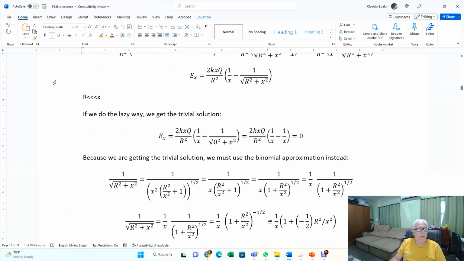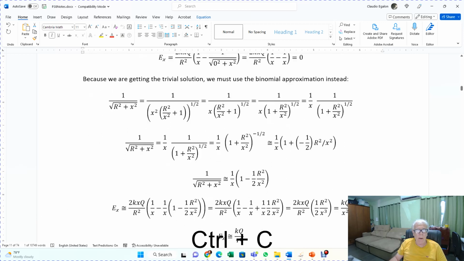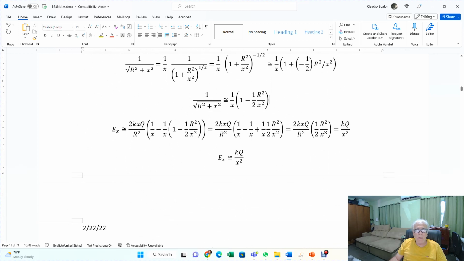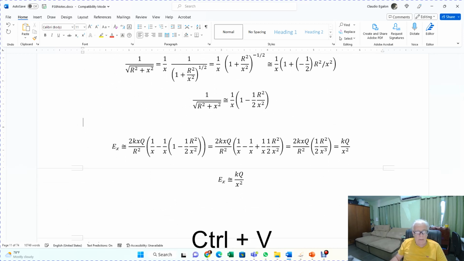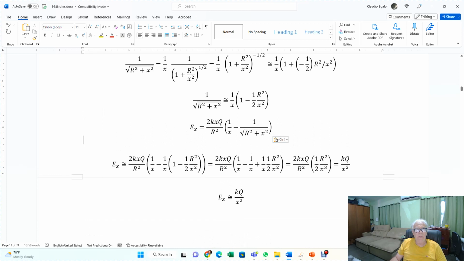Here you go. Here's my electric field. I'm going to write it down. Here you go, the exact solution of my electric field. Apply this approximation to this term, and we get this term right in here.